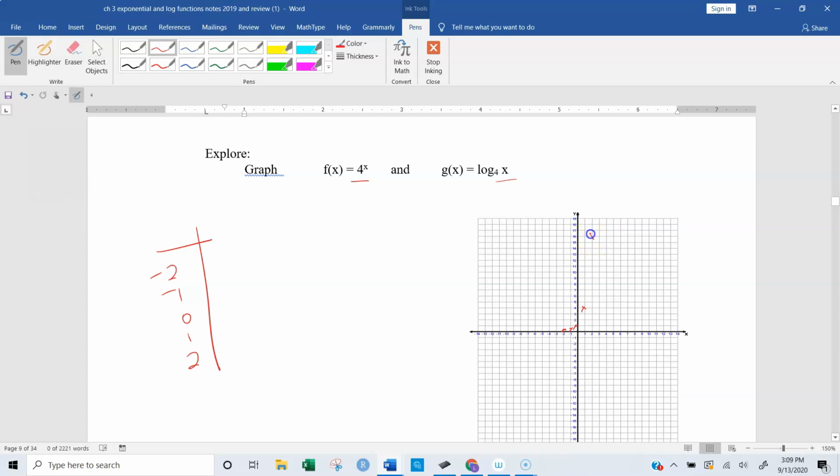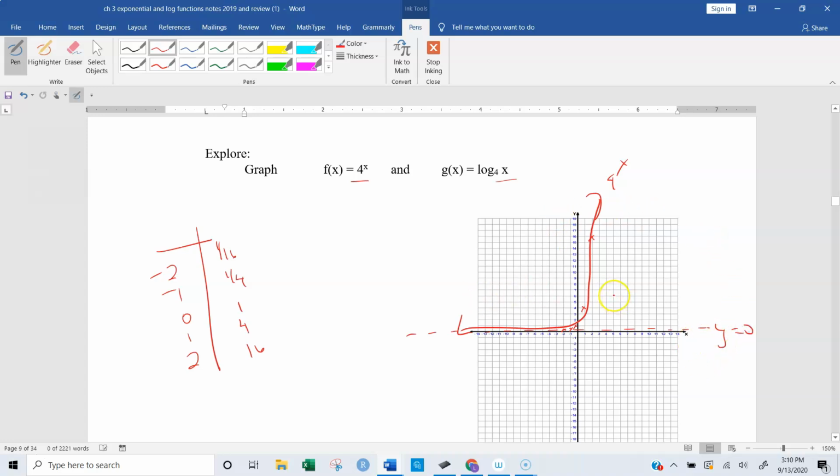I think that's 16. I can't read real well. You can write those down if you want: 1/16, 1/4, 1, 4, and 16. I actually don't care if you need to write down the table or not. You can do it without that. Okay, so that's it. This is 4 to the x, and our asymptote is y equals 0.